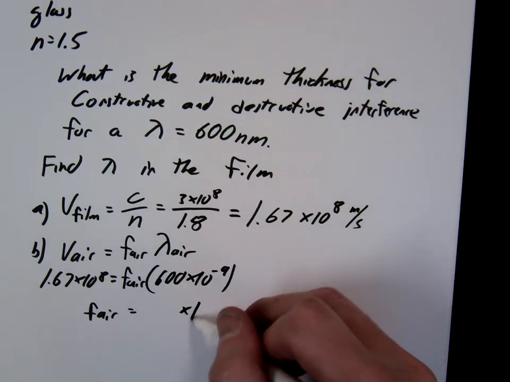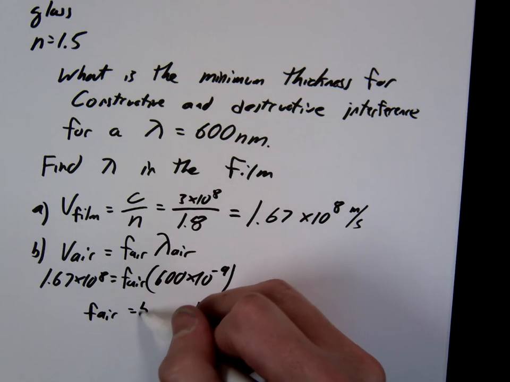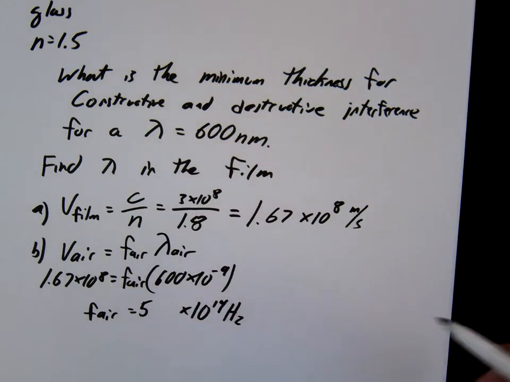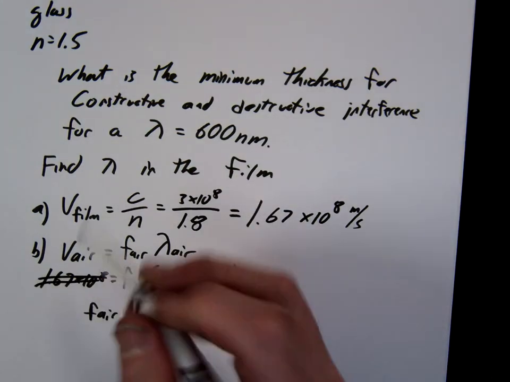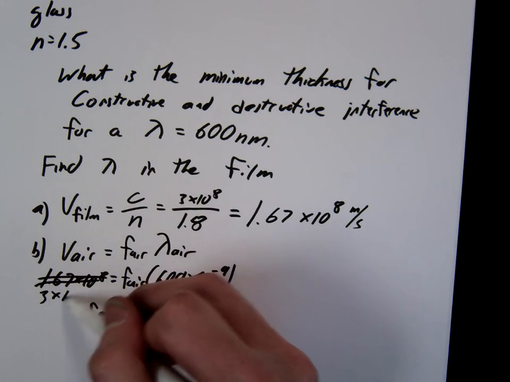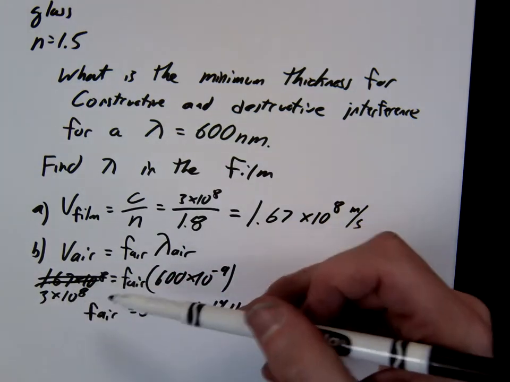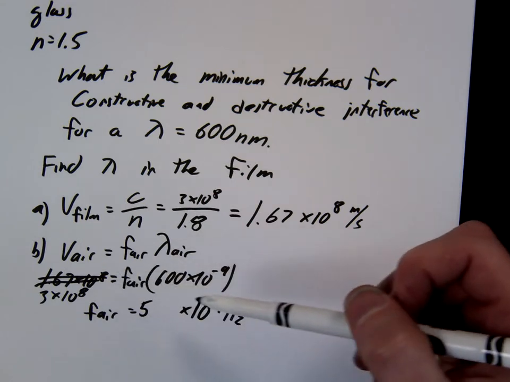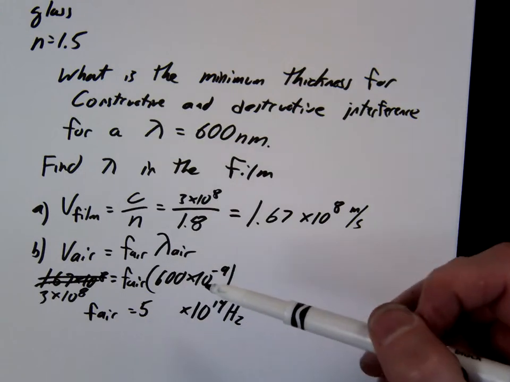Something times 10 to the 14? 5 exactly? Oh, I messed up, didn't I? Always on the recordings. So the velocity in air is 3 times 10 to the 8th. And actually, I just made the biggest mistake that people make. You can't mix and match those units. So 3 times 10 to the 8th, right?